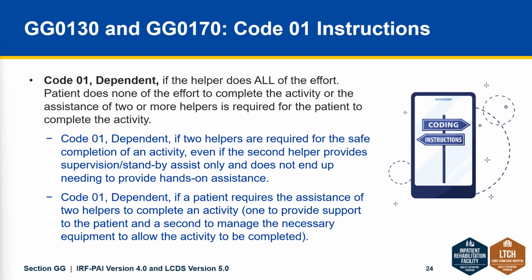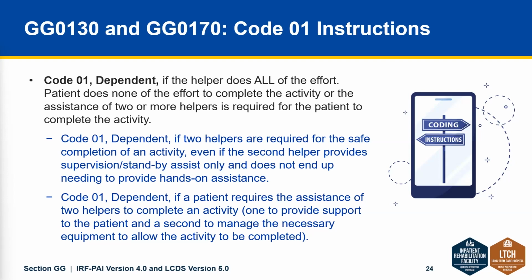Clarification was added that even if a second helper is only providing supervision or standby assistance and no actual hands-on assistance, if the person assessing the patient determines the second person was necessary in order to complete the activity safely, the patient would still be coded with a code 01 dependent.